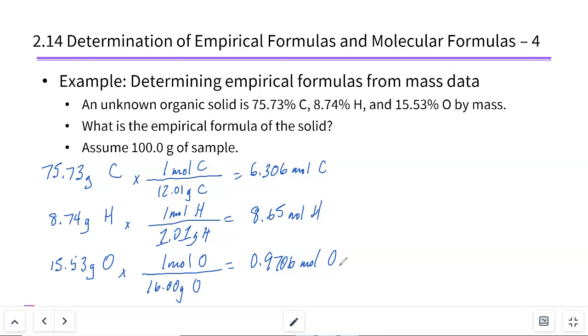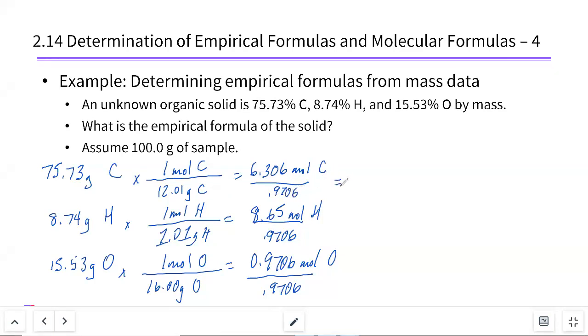To take it the next step, we need to compare the moles to each other. So we've got to divide by the number here that is the least, and that would be oxygen in this case. So we're going to divide each number by 0.9706. And so we're only taking the magnitude, not the unit here.